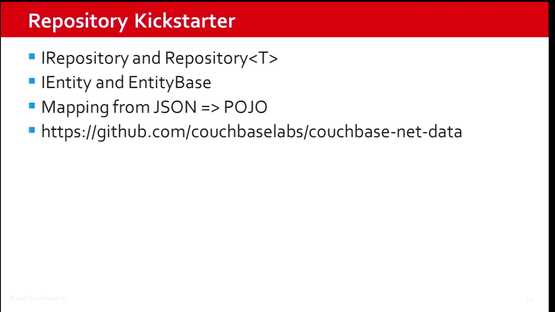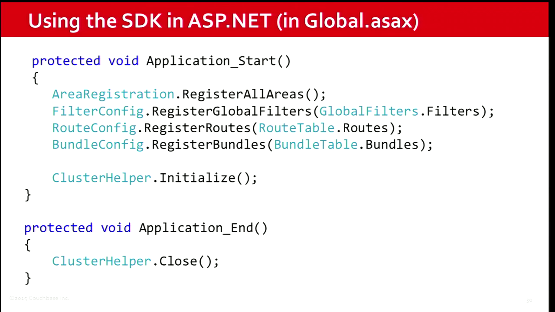It does mapping quite nicely between the JSON that you store in Couchbase and your POCO and your application layer. That is the GitHub URL. It's a work in progress, but it's got some promise as a Kickstarter.